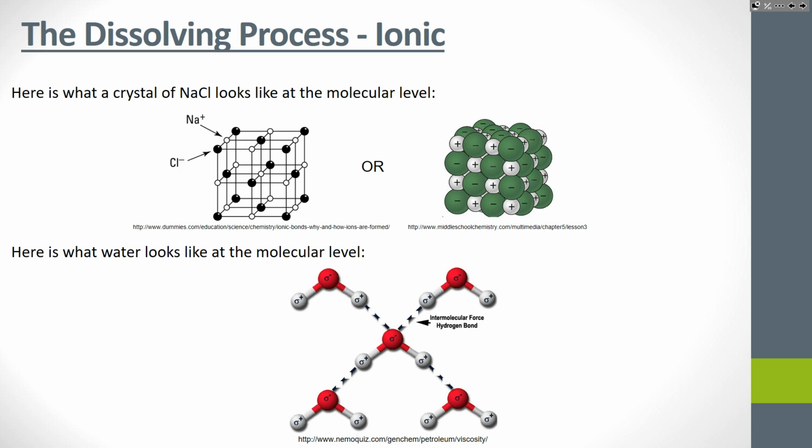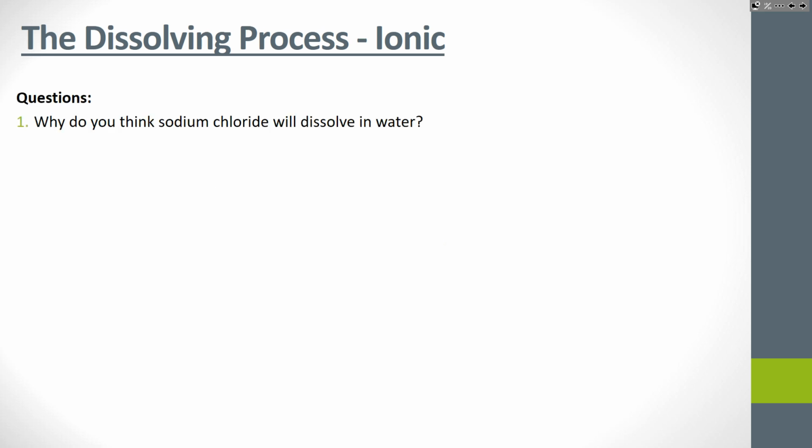But why would salt dissolve into water? Well, the positives are attracted to the negatives on the salt, and the negatives are attracted to the positives of the salt. So there's an attraction between the water molecules and the particles, the ions, that make up your salt.